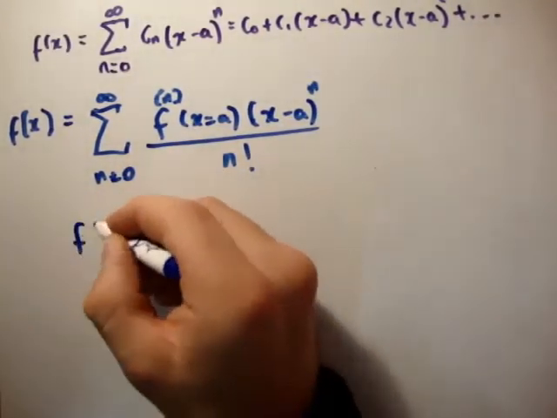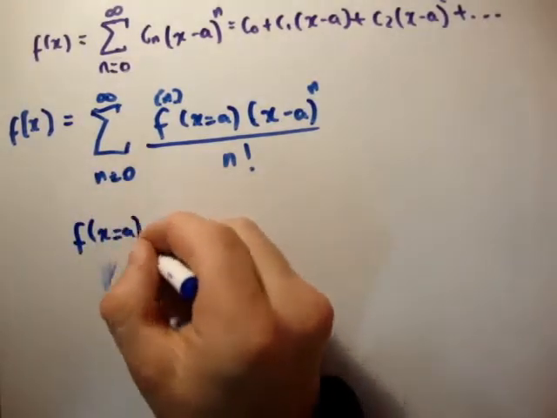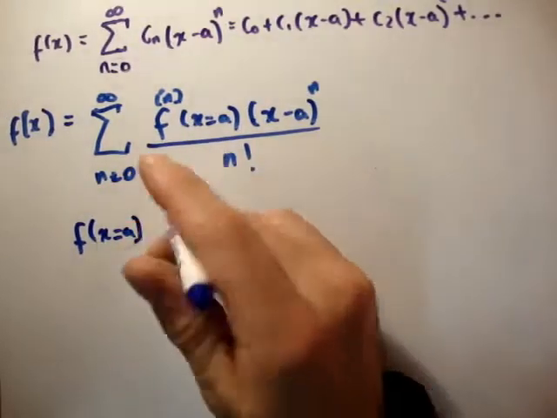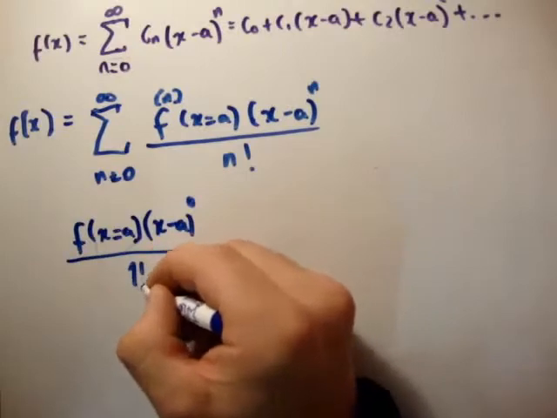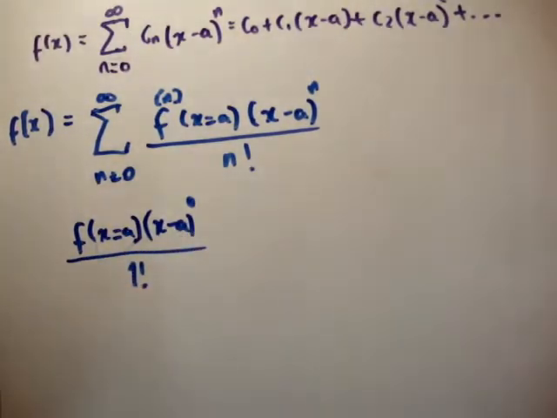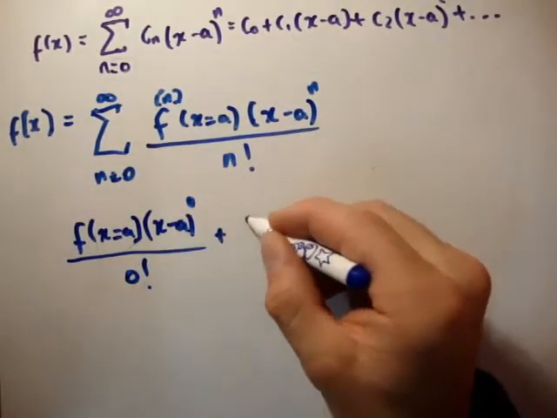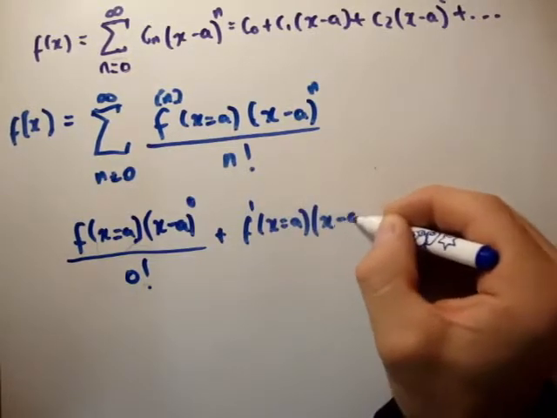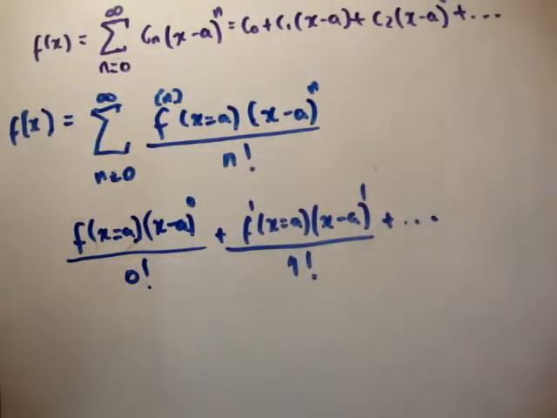I'm going to write it in the following way, where x minus a to the 0 is 1, and that should be 0 factorial, which is also 1. Plus so on, you get the picture.